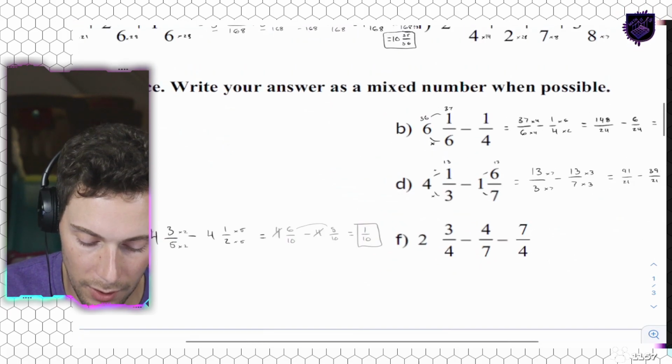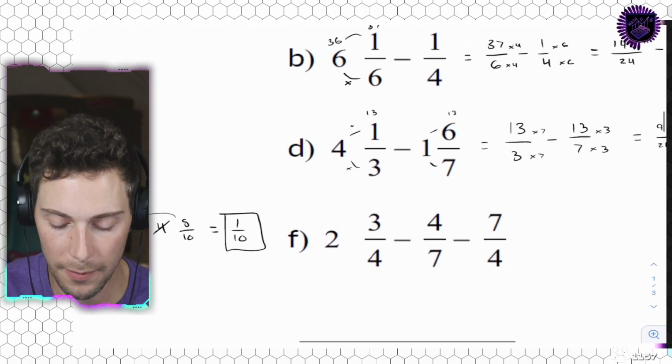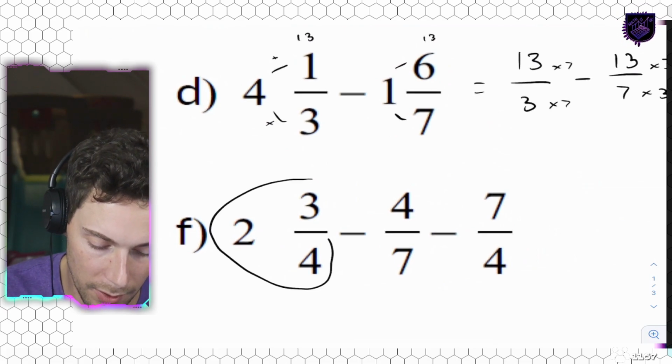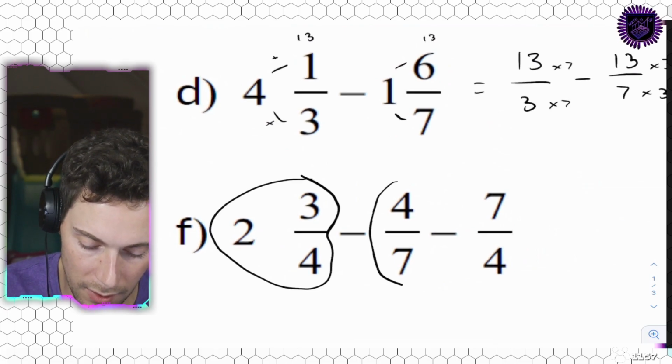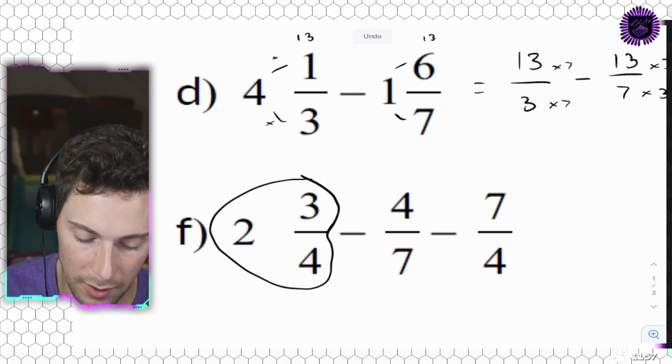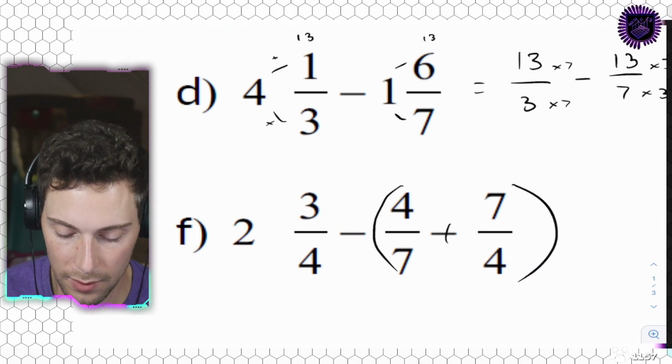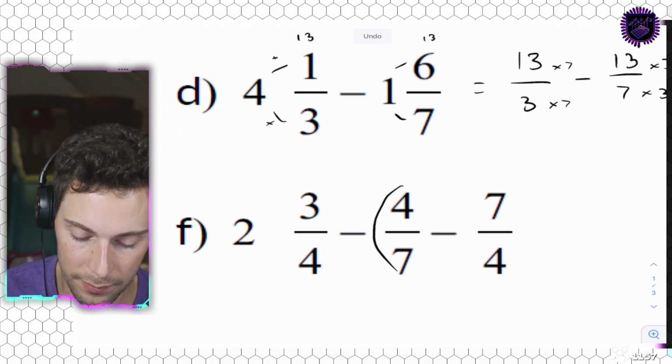Okay, I'm going to treat these two the same way. This next one, it's going to be this number subtract these numbers, or you could do like a parentheses, those two together.